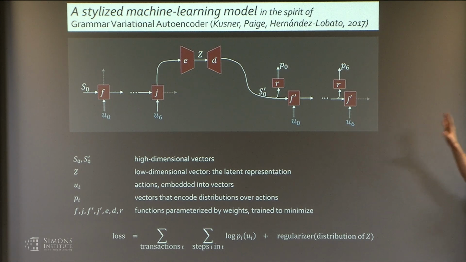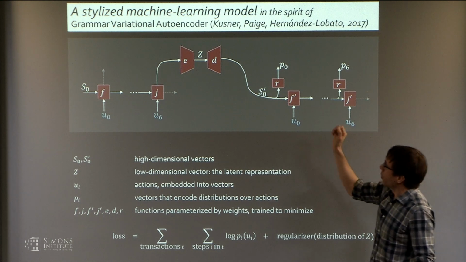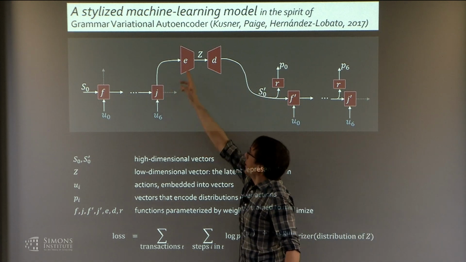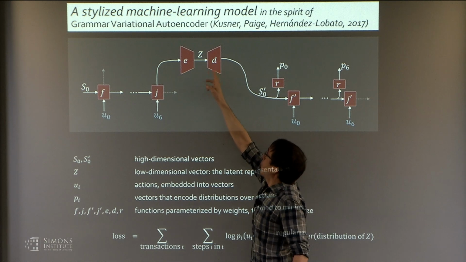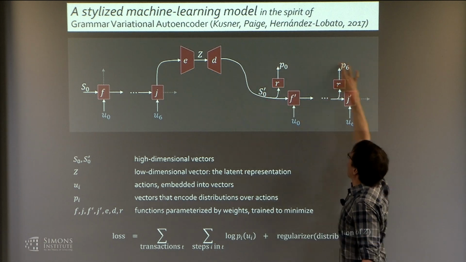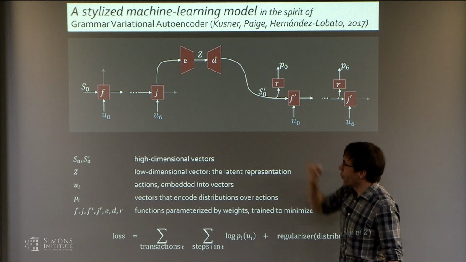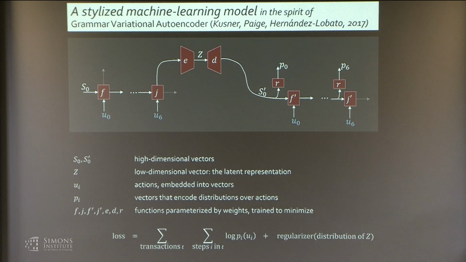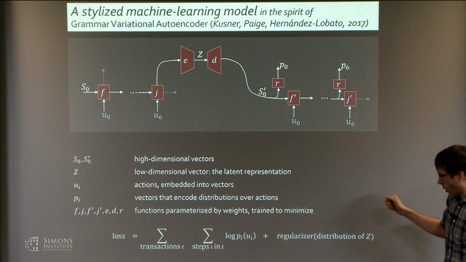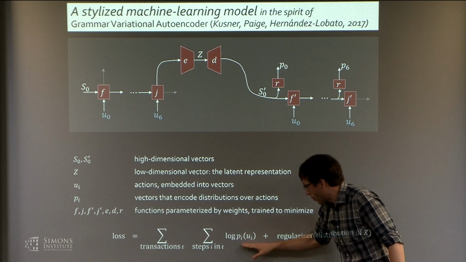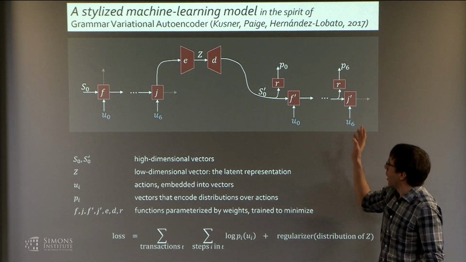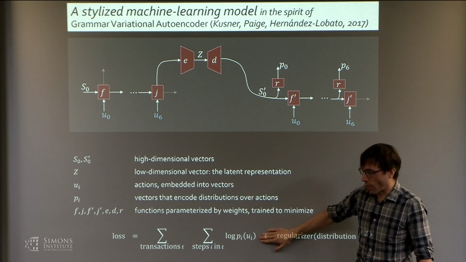The overall machine learning exercise here is you want to train these red boxes in such a way that the output you produce here matches the input that you were given. This is a normal machine learning sort of task. You use backpropagation, and you define yourself a loss function.